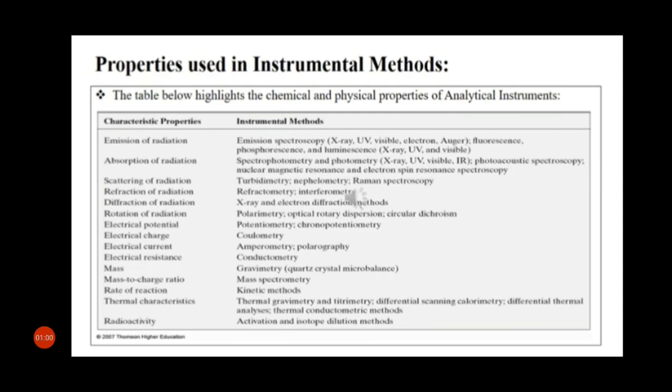Now see this table in this slide. I will discuss properties used in instrumental methods. This table shows the characteristic property and the instrument required for conducting analysis based on that property.